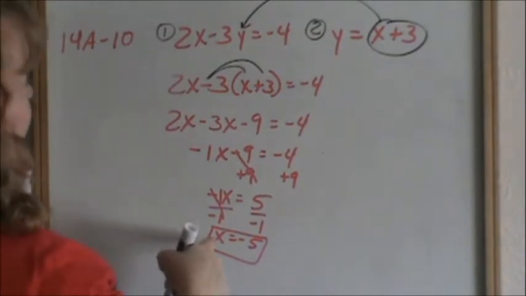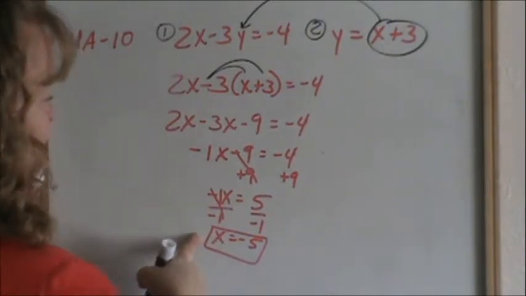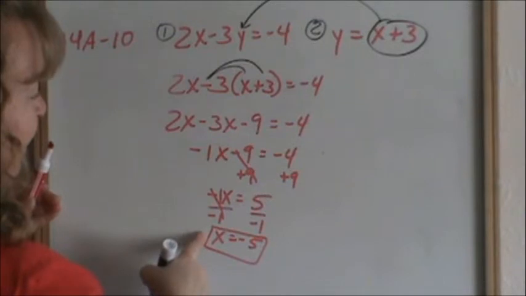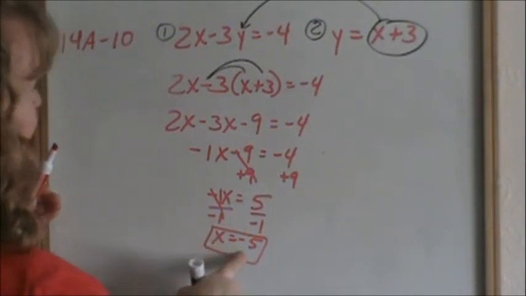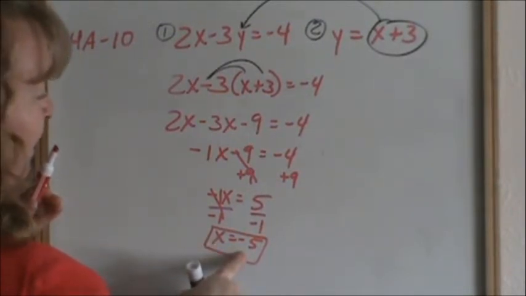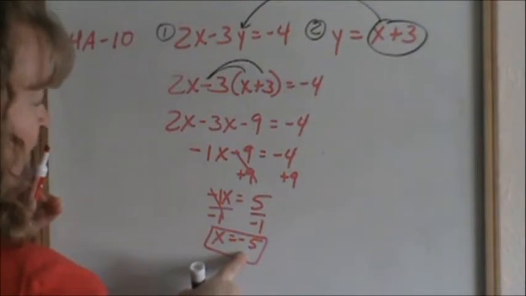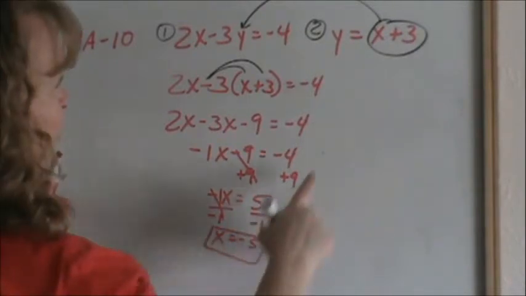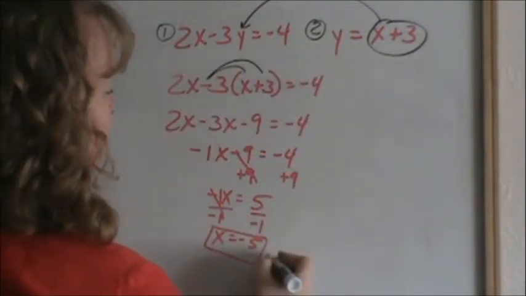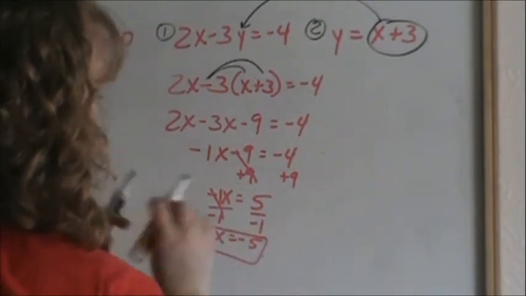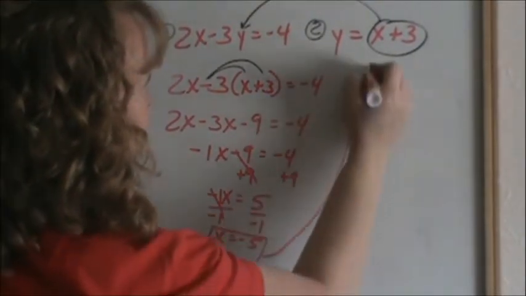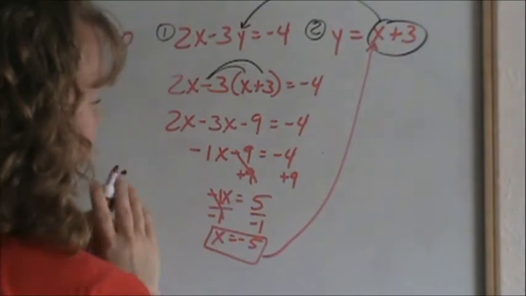Now step 3, that was step 3, solving for that variable. Step 4, take this value, x equals negative 5, and plug it back into one of your original equations. I think it would be easier to plug it back into equation 2, so I'm going to take this and plug it back in for x. Right there.